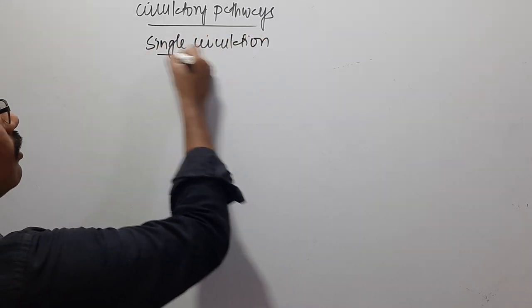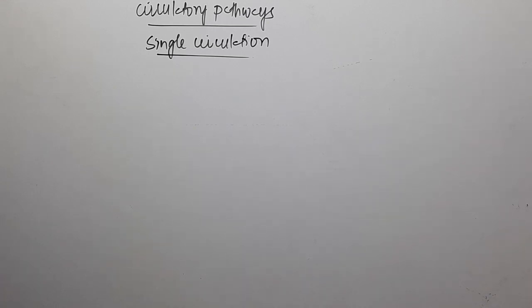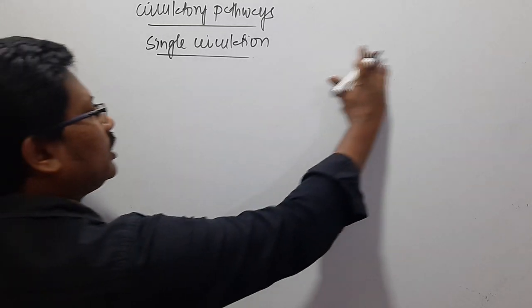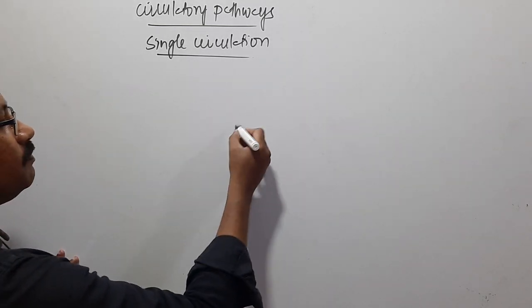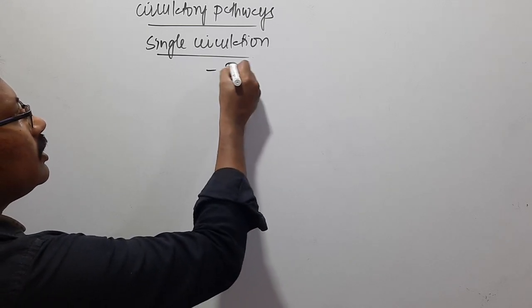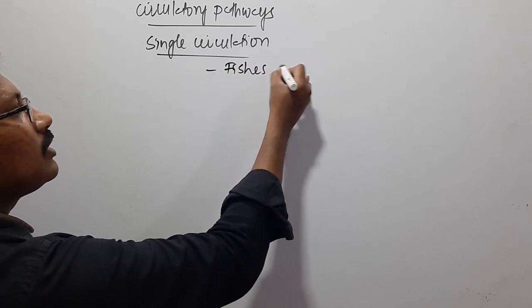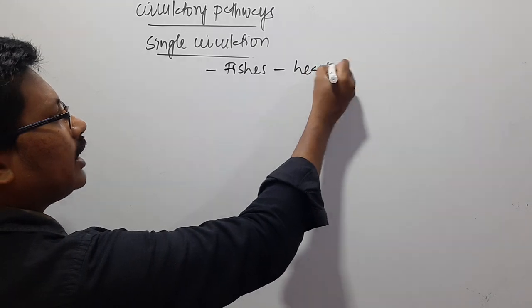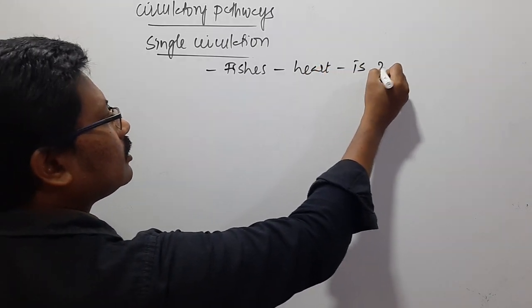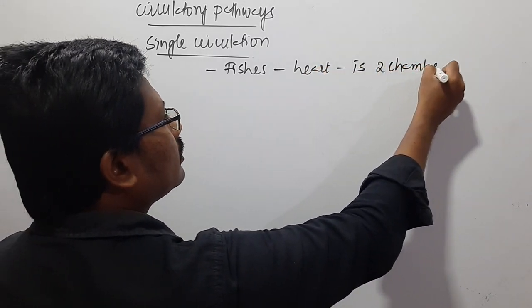Almost all vertebrates have a muscular chambered heart. Now in the case of single circulation, the fishes have a heart, and this heart is two chambered.